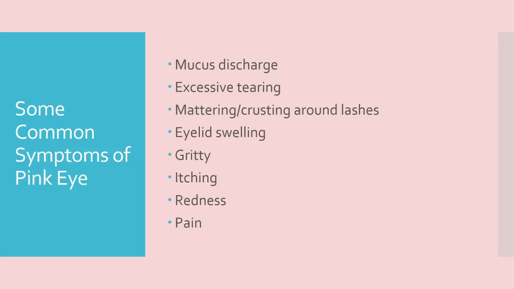All right, now, I'm going to leave you with this little list of symptoms here as we close this video. If you look at the list here, you're going to see some common eye conditions or eye symptoms that can be associated with pink eye, not necessarily just that, but if you're getting mucus discharge, excessive tearing, mattering, crusting around your lashes, your eyelids swollen, even to the point that it's swollen shut, that should be a dead giveaway. You need to see your eye doctor. But any of those things, you need to get in as quickly as you can.